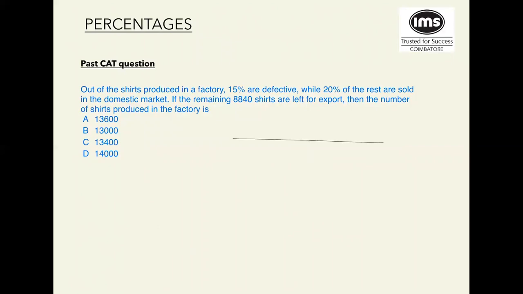Now, the total number of shirts produced in the factory. So 15% is defective. Remaining is 85%. Now 20% of this 85% of the total number of shirts.